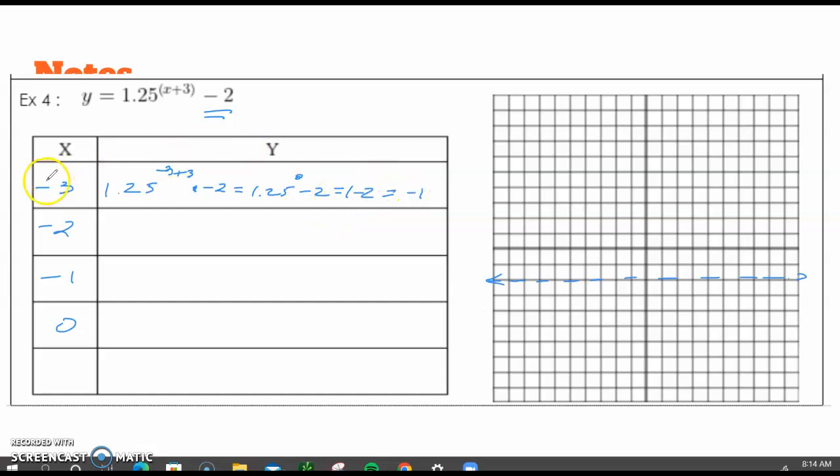So -3, -1. 1.25 to the -2 plus 3 equals 1.25 minus 2. So -2, -0.75.